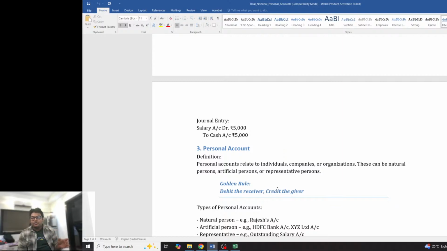So as I said before, journal entries are two-sided entries that we will be passing. Those two sides, one is going to be debit, another is going to be credit, and what's going to be debited and what's going to be credited is determined by the three rules which we have discussed.